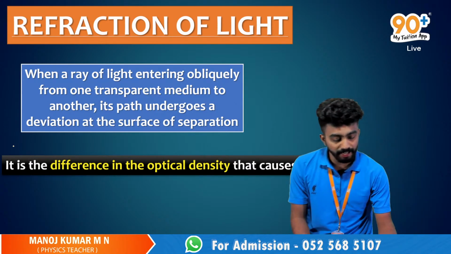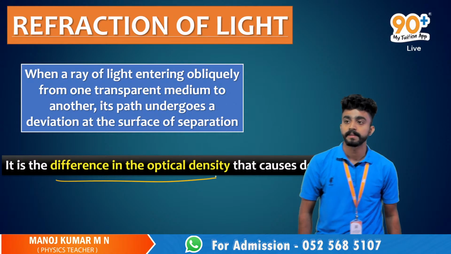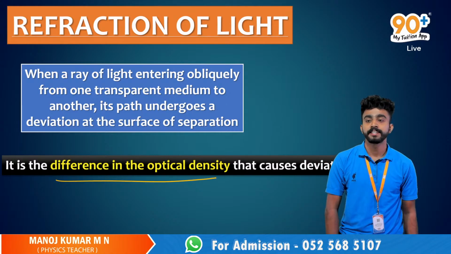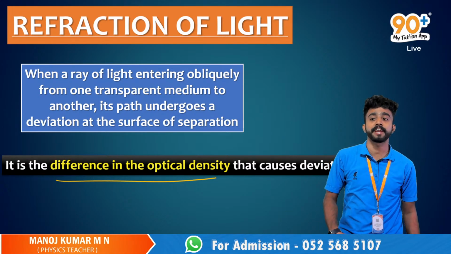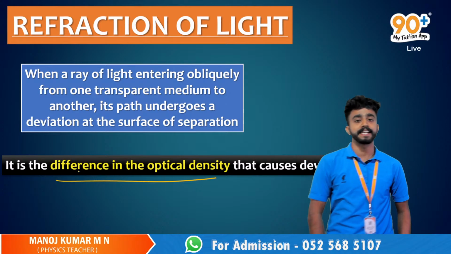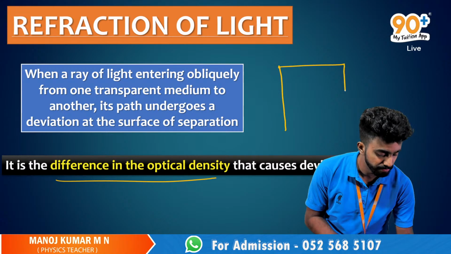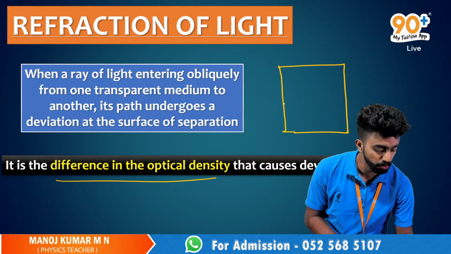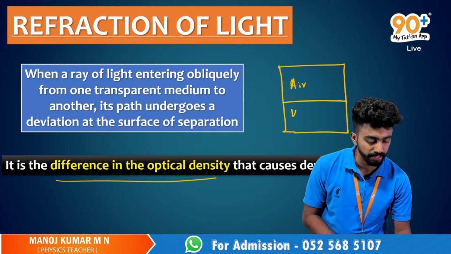Refraction is caused by the difference in optical density that causes the deviation. What causes this deviation of a ray of light? It is the difference in the optical density. If you are considering two mediums, we can consider air and water.